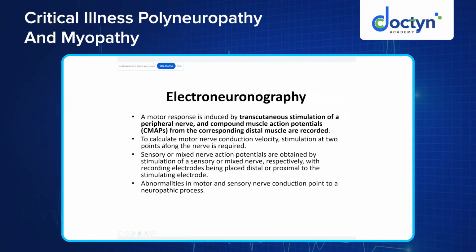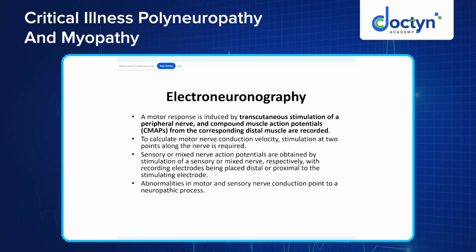Electromyography. A motor response is induced by transcutaneous stimulation of the peripheral nerves, and compound muscle action potentials from the corresponding distal muscles are recorded. To calculate motor nerve conduction velocity, stimulation at 2 points along the nerve is required.